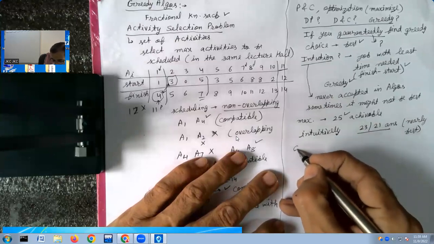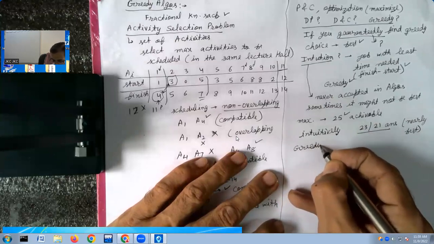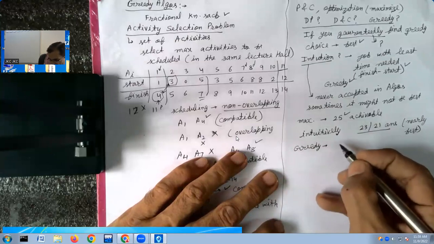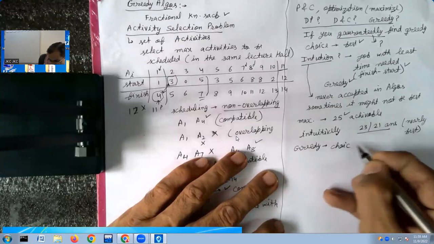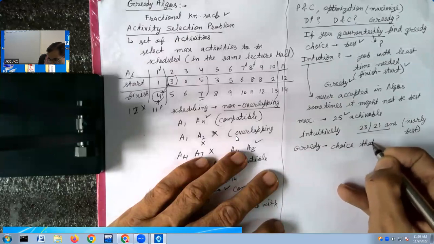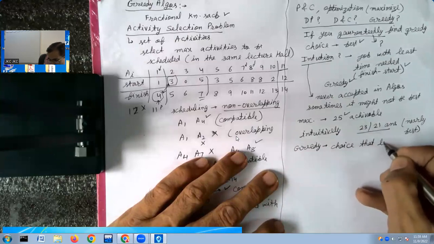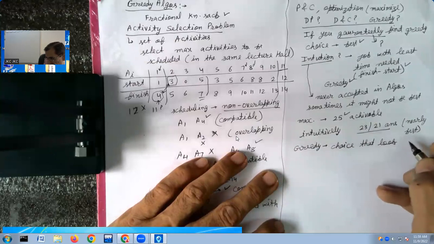Why? Because a greedy algorithm always makes a choice that looks best at present, in the current situation, at the moment.